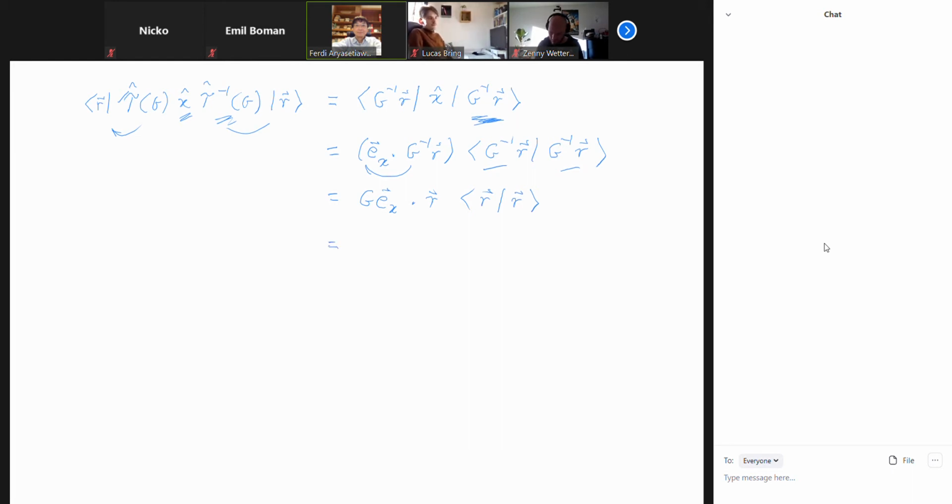And this becomes then some coefficients. We don't care what that is, depends on what the g is, but we know that if we rotate a vector in the x direction, then it will be a general linear combination of vectors in the other directions.